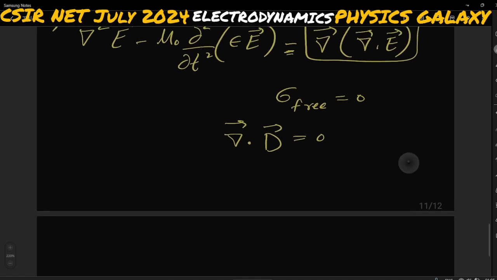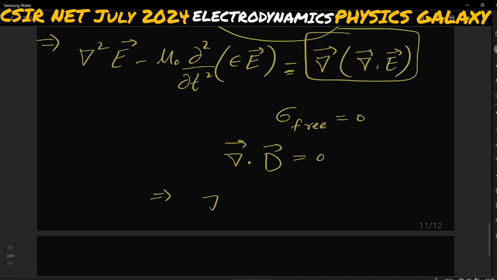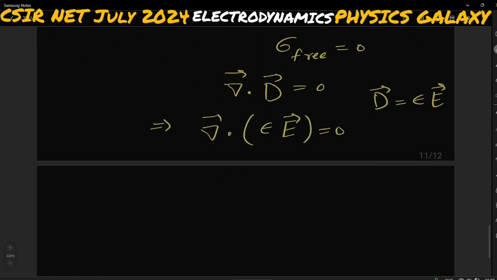If divergence of D equals to 0, it implies divergence of epsilon E equals to 0, because we know D equals to epsilon E. Now again we'll use the identity that divergence of the product of a scalar and a vector can be written as epsilon times divergence of electric field plus E dot gradient of epsilon.